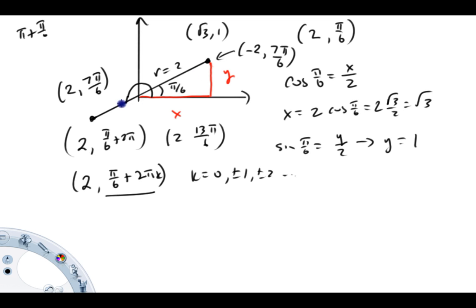Also, if I take the angle 7 pi over 6 and add any multiple of 2 pi to it, that would put me here angle-wise, where the negative radius would put me here. So in general, negative 2, 7 pi over 6 plus 2 pi k is an alternative way to describe this point.